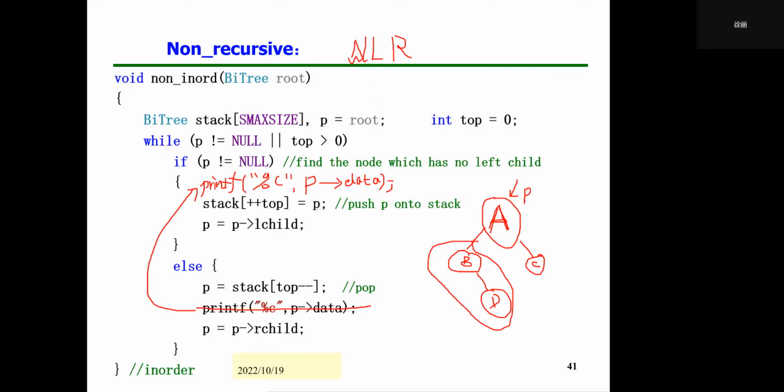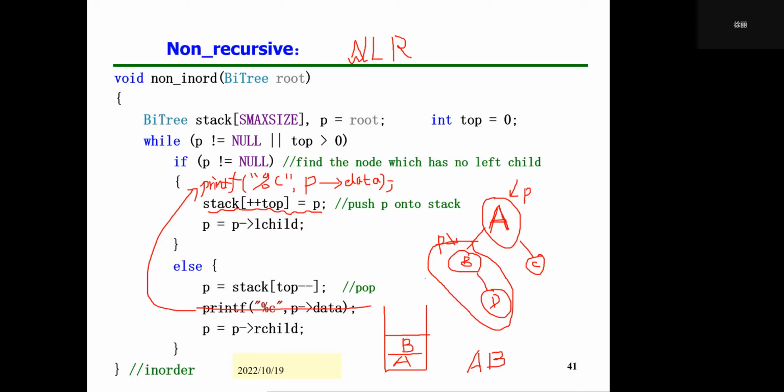So we still need to push A. We visit A and push A, and then we go left. Go left, that means P will point to B, and we will visit B and push B and go left.